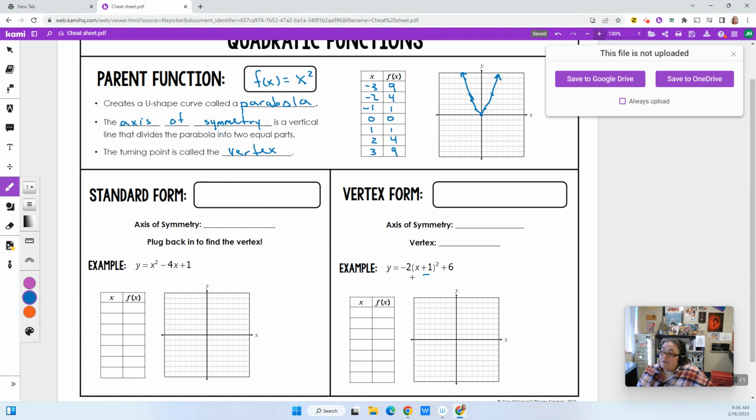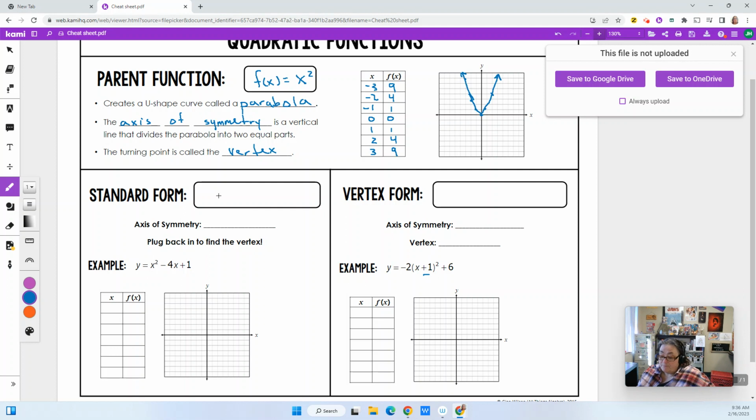This -2 out in front would show me that it flips over the x-axis. It's a reflection over the x-axis, and we would be multiplying everything by 2. The 6 on the outside means that we're moving every point up 6 places. So everything is really just stuff that we're doing to that original parent function, that x squared.